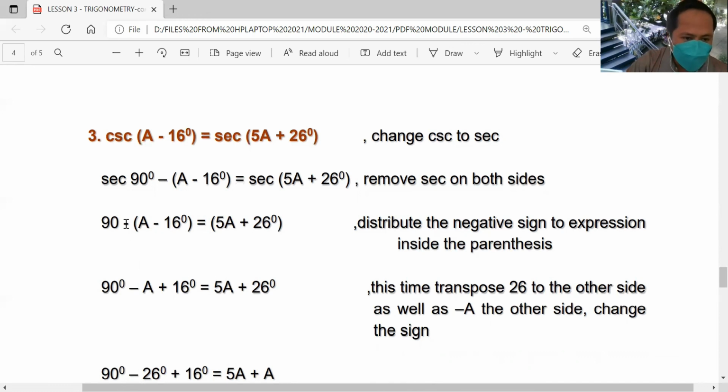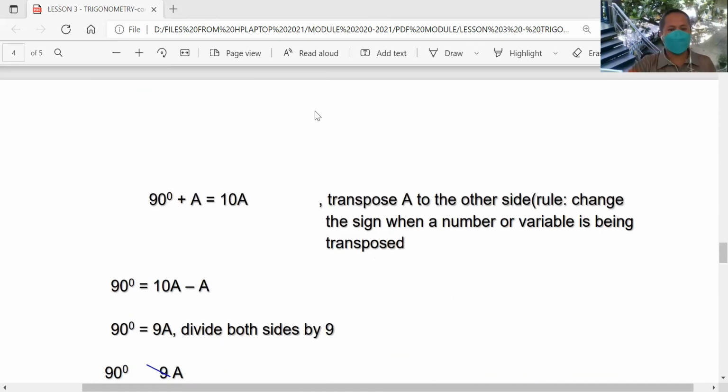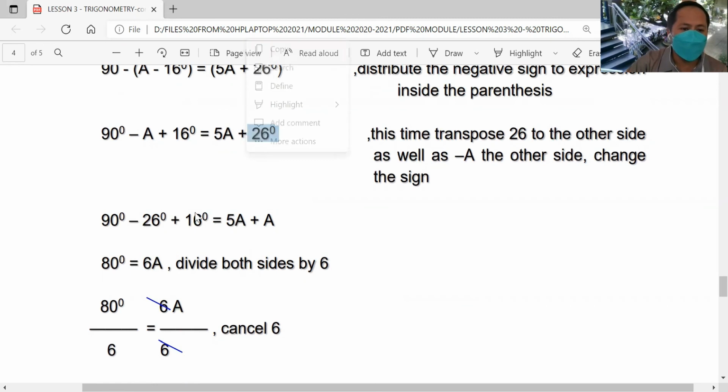So distribute, by the distributive property of algebra. We have negative a, and negative times negative is positive 16 degrees. So it's equal to 5a plus 26 degrees. Simplifying further, we group all the numbers and we group all the expressions that contain variables.